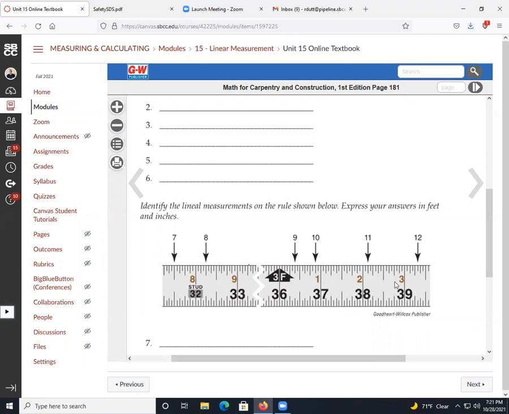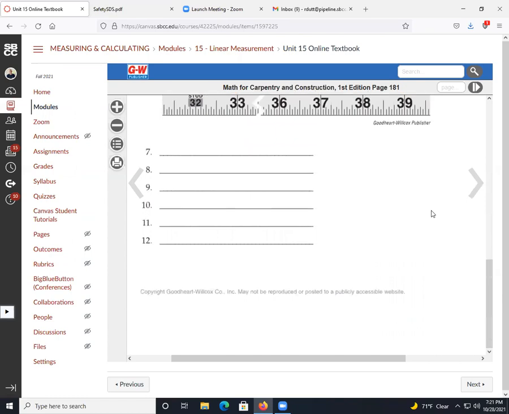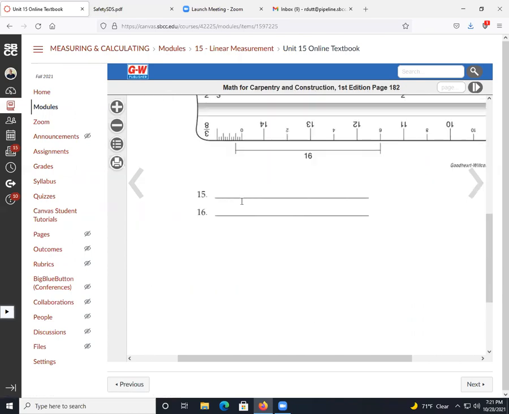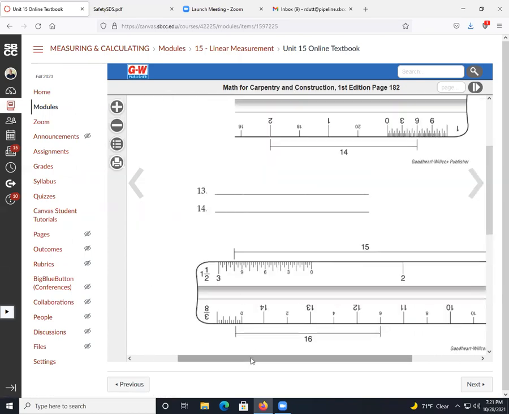Yes. 3 foot 2 1/8. Michael Silva, what's number 12? Number 12 is 3 feet, 3 inches, and 5/16. Very good. So I think everybody has a concept of that.